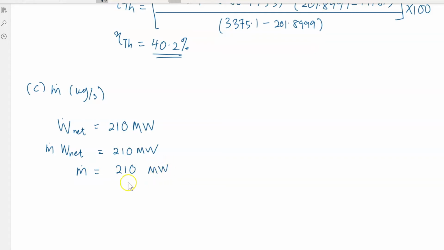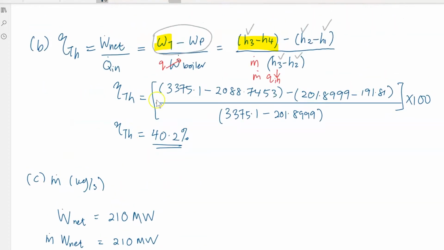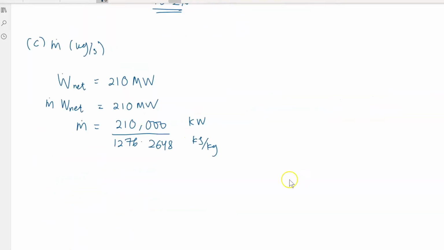megawatt, or if you want to leave it all in kilos, this is going to be 210,000 kilowatt divided by your work net value. So you have to take your calculator and calculate all this top part over here. Please be careful with your unit.